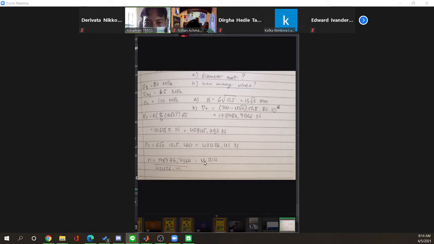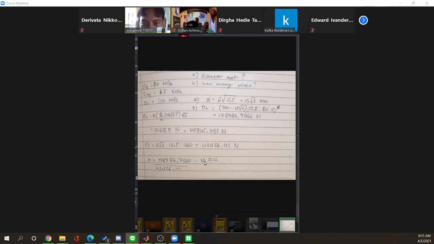Are 4 rivets enough, or do we have to add one more? I think it's 4, sir. 4? Yes. Okay. So now if you have 4 rivets for the joint, then how do we arrange the rivets in the joint?